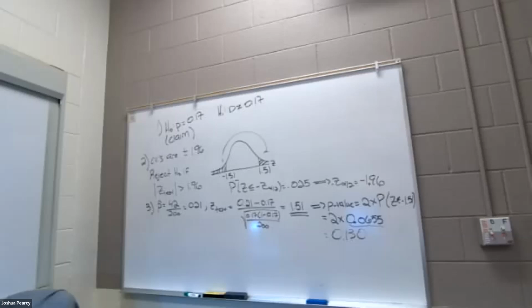So if you haven't got part one, the null is that P is equal to 0.23.